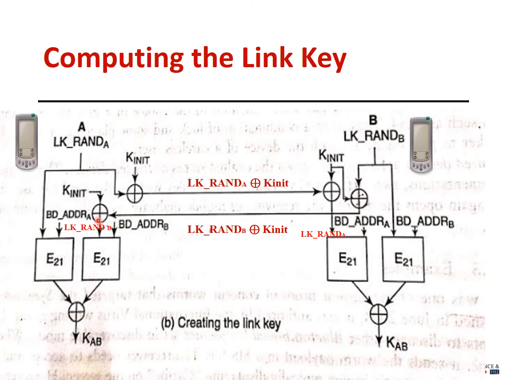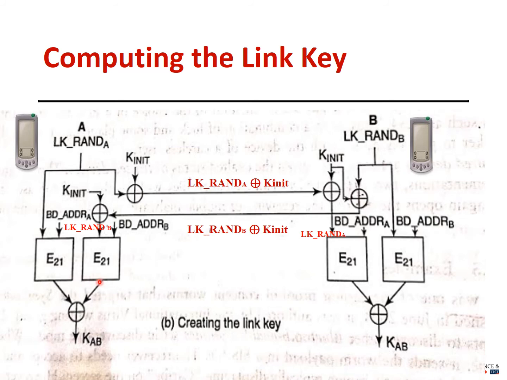This is A's side. It is again XORed with K init, and after doing this XOR operation, that is random number of B XOR K init XOR K init again, it will retrieve the random number of B at A's side. So these are the first three steps.